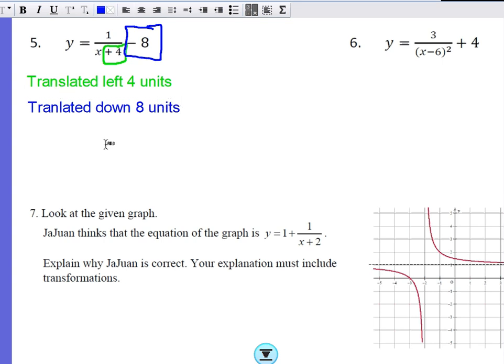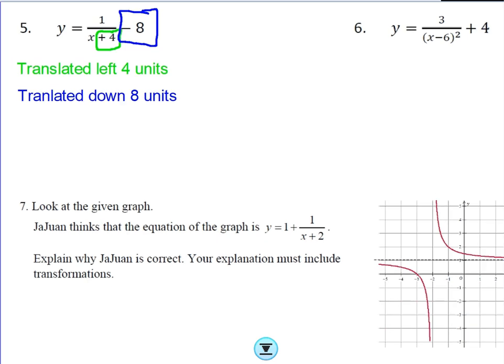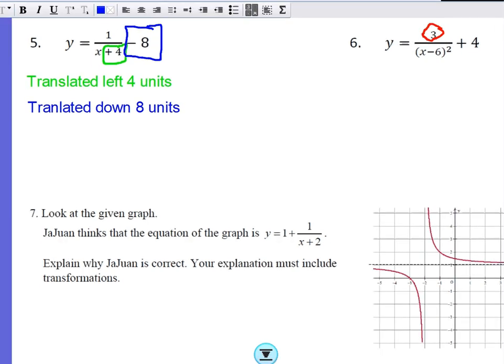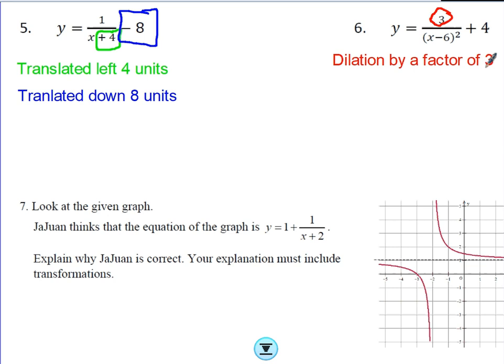And then finally, number 6, we actually have 3 different things happening here. We have first the 3 in the numerator as opposed to a 1, so that is a dilation by a factor of 3. We also have this minus 6 in the denominator for our h.